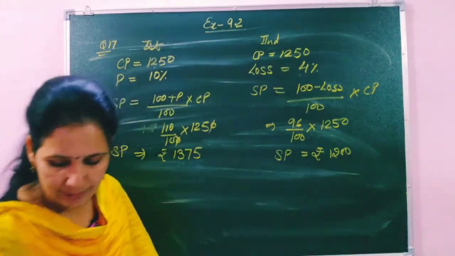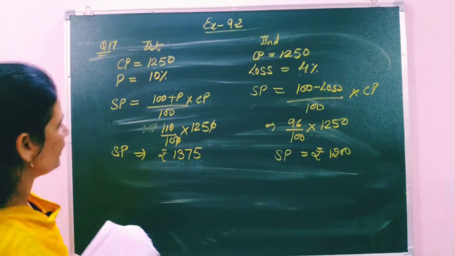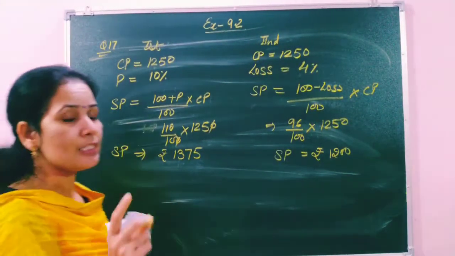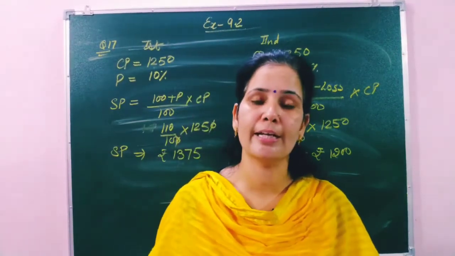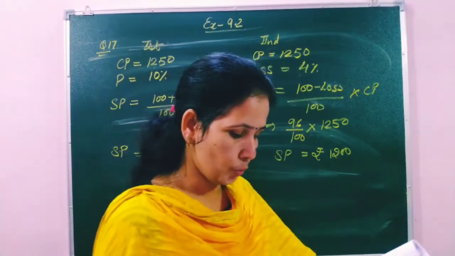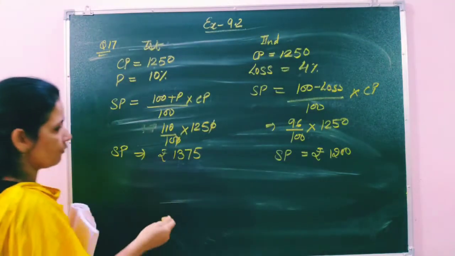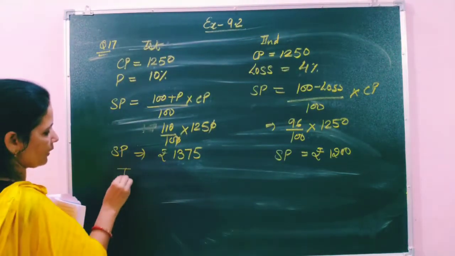Okay students, they have given the SP rupees 1200. So in this question we have to find out the total loss or profit gained by Juhi. So let's see. First we will find out total CP.